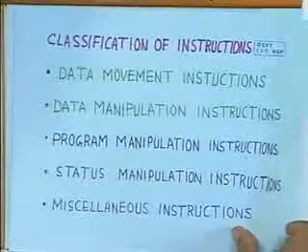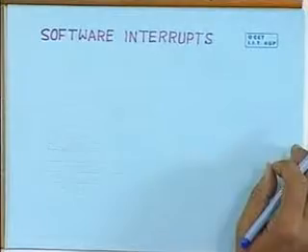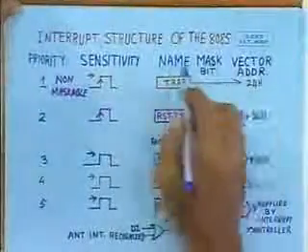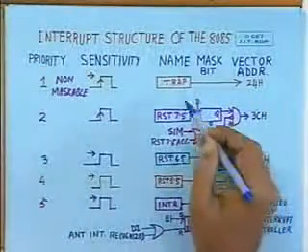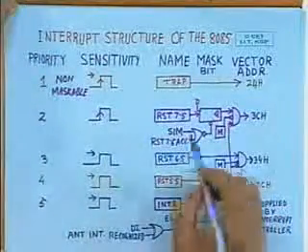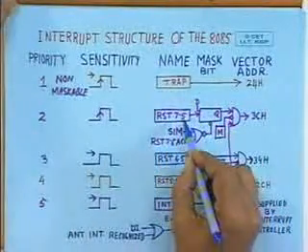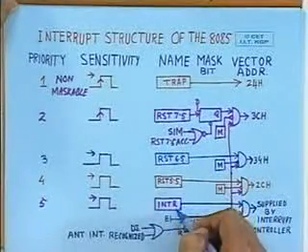You are familiar with hardware interrupts. We have already discussed the interrupt structure of 8085. There we have seen there are 5 interrupts. One of them is non-maskable, trap, and then RST 7.5, RST 6.5, RST 5.5, and INTR.